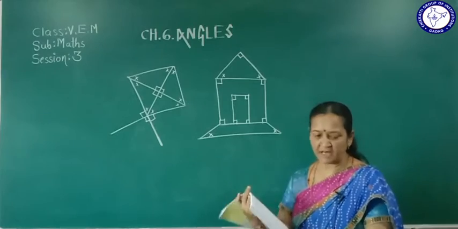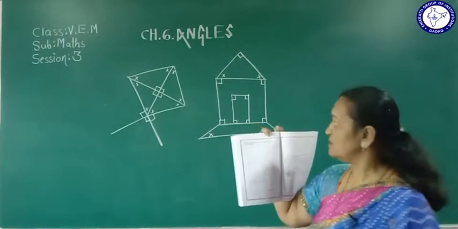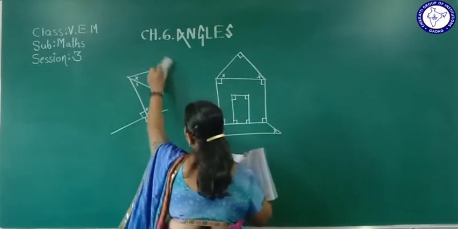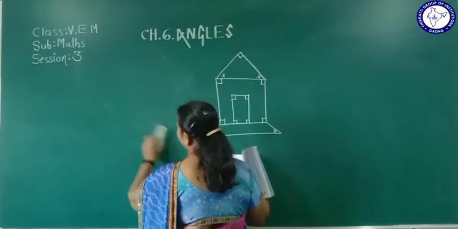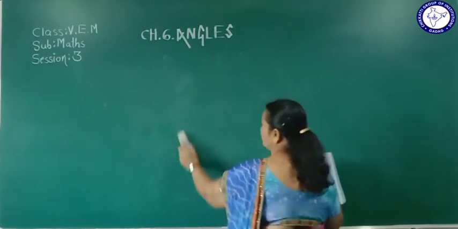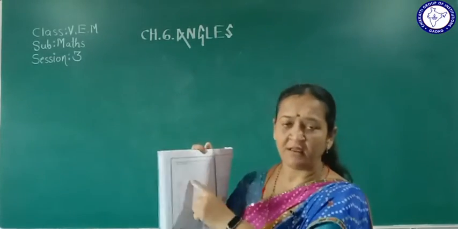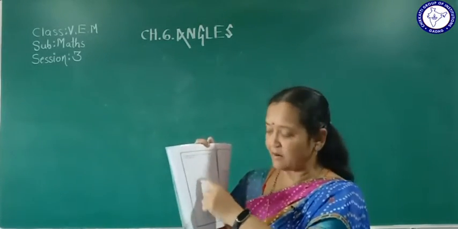Now second main question, some angles are given in your textbook. Those angles, what you should do, measure in textbook and should write measurement. So keep your protractor on these figures. In book only, keep your protractor and measure.